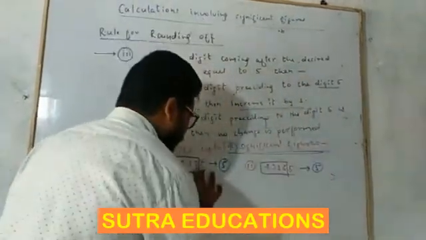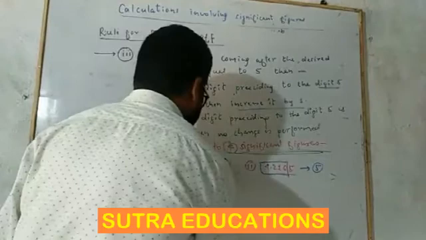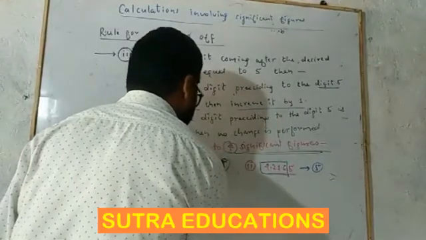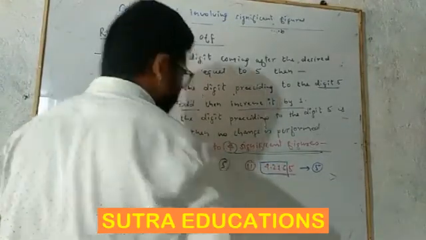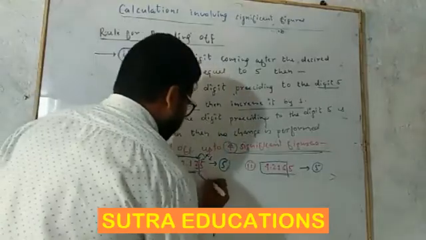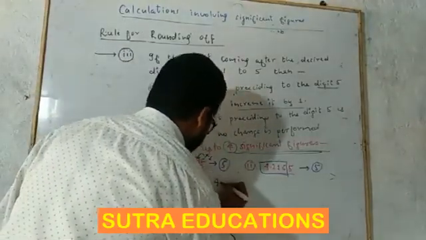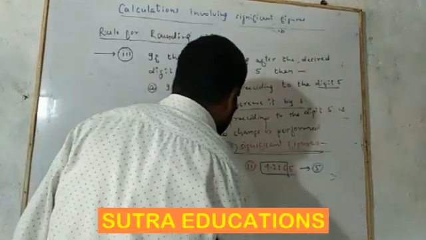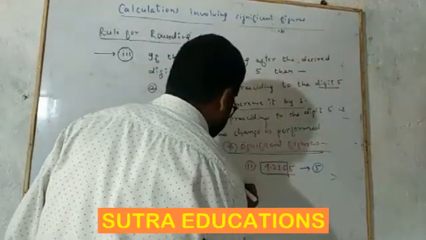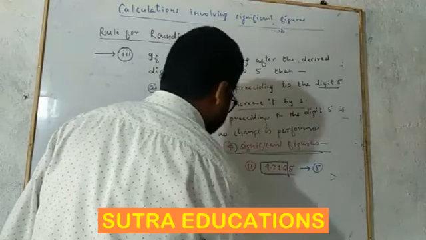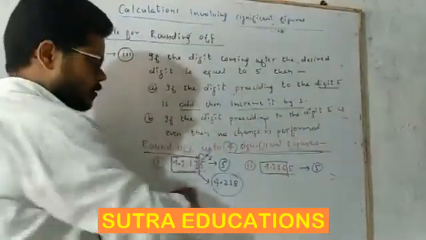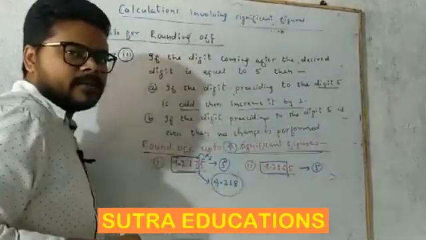So this time what we have to do is simply add plus 1 to this, then it will become 4.218, 1 2 3 4 significant figures.